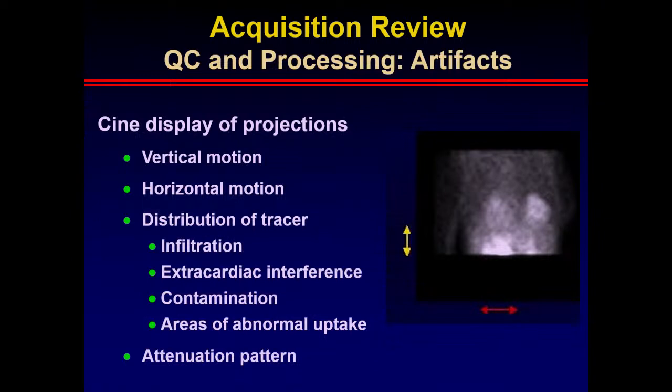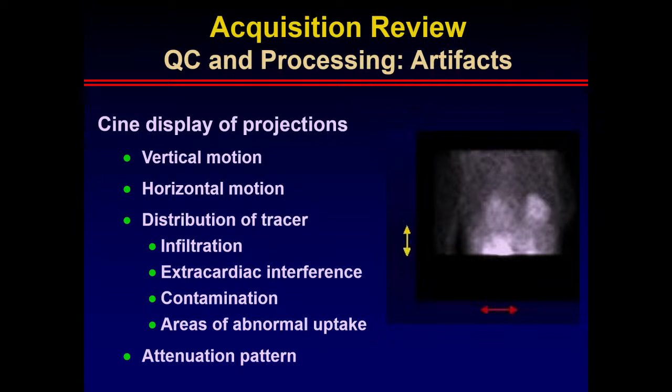When we think about artifacts in SPECT imaging, there are multiple things we need to be aware of. We need to think about vertical motion. We need to think about horizontal motion. We need to see what the distribution of the radiotracer is. I mean, do we have adequate counts? Was there infiltration of the dose?